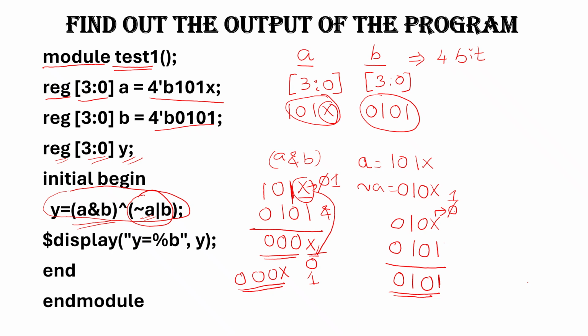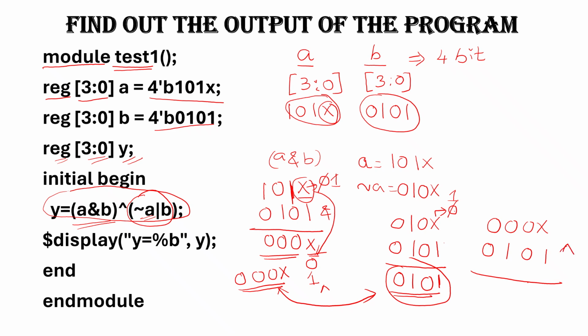Now these two values undergo the XOR operation. First I write 0, 0, 0, don't care. This output is equivalent to A and B. This output is equivalent to not of A or B, so let me write here 0, 1, 0, 1. Then do the XOR operation.